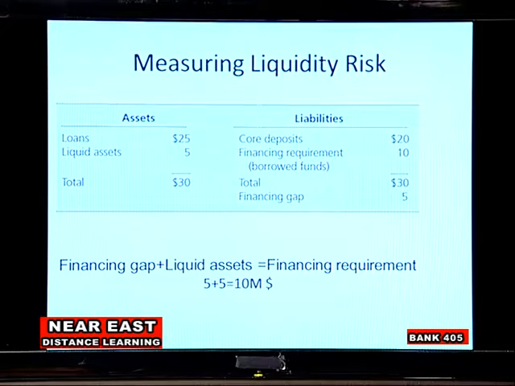For that, we will find a financing requirement of 10 million. That is, the financing gap plus liquid assets will equal the financing requirement: 5 plus 5 equals $10 million.